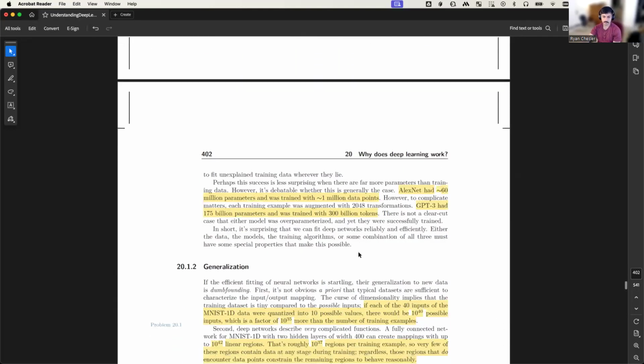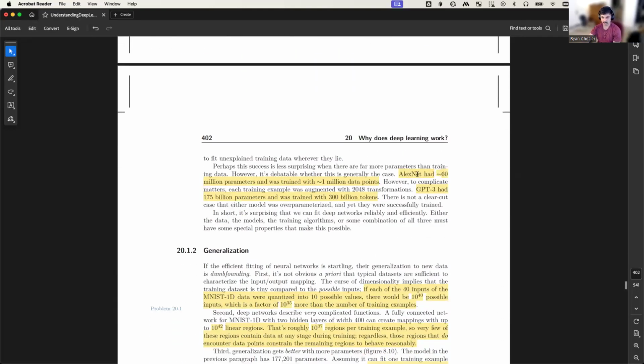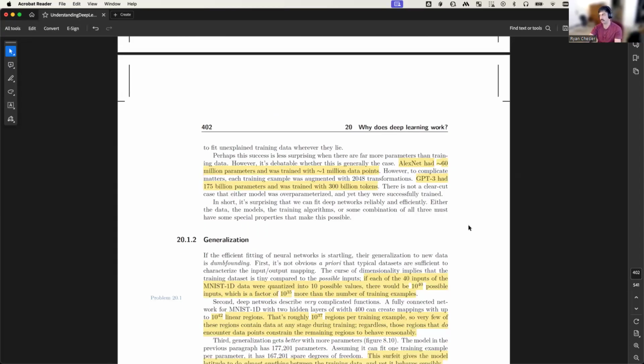One of the examples they shared was AlexNet, which has 60 million parameters but only had a million input data points. It gets a little bit muddy because it had many different transformations of those initial images. So you could argue that you had more data than you had parameters, but in reality, it's just a bunch of variations of the same images that got passed to it.